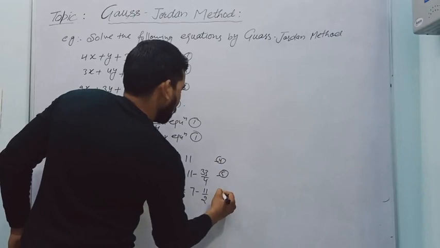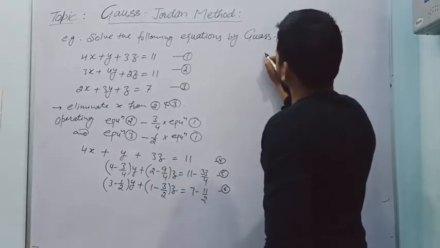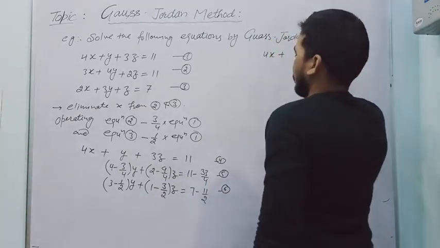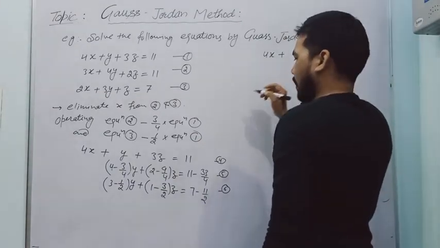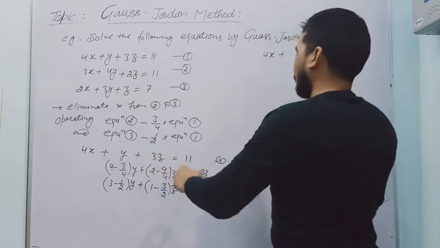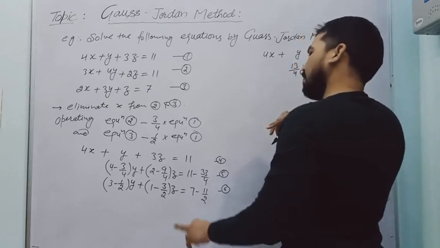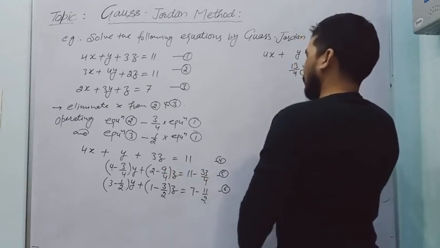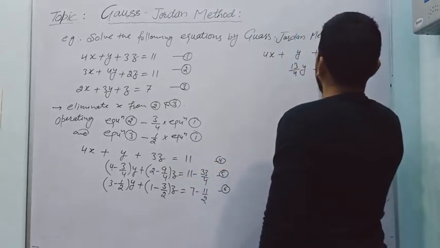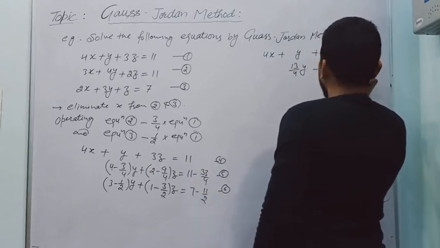Now you can check that this equation, इस equation को अगर हम rewrite करें, that can be 4x plus y plus 3z is equal to 11, and what else is there? 4 minus 3 by 4 is 13 by 4 y, plus 2 minus 9 by 4 is minus 1 by 4 z, that means minus z by 4, equal to 11 by 4.